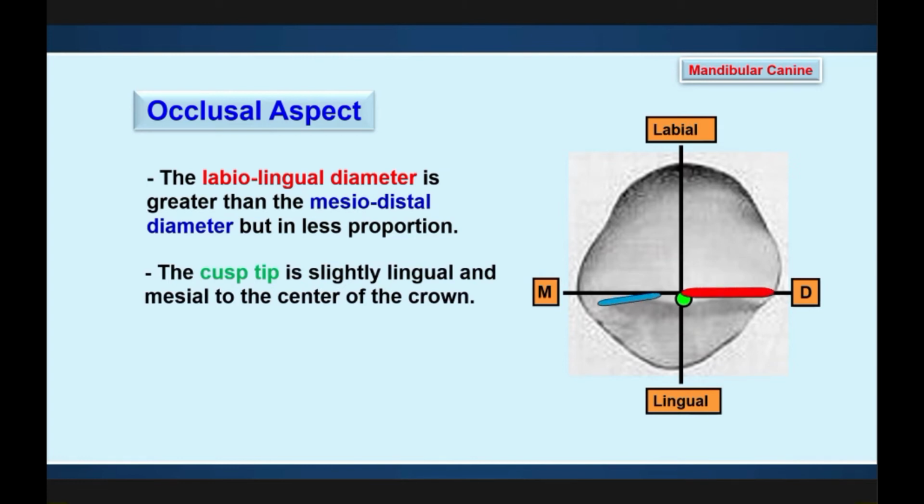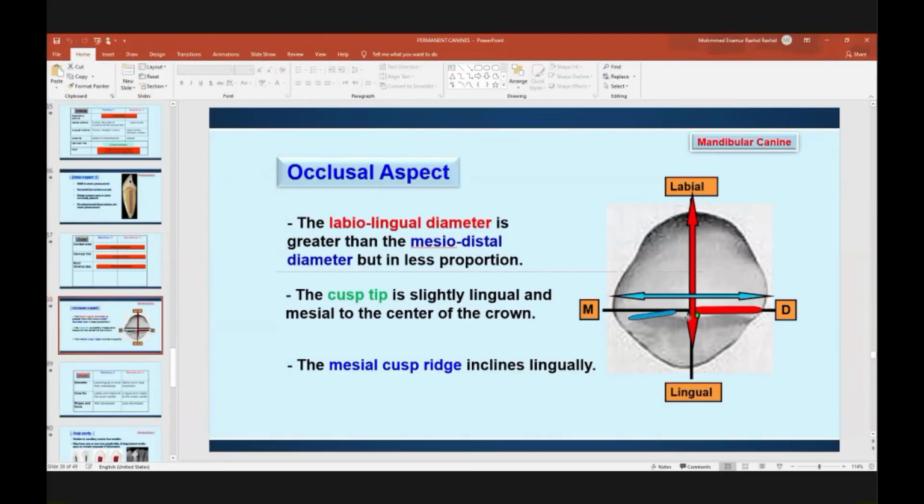The cusp tip is slightly lingual and mesial to the center of the crown. This is the cusp tip. Actually, it should be here. This is one dimension, and this cusp tip actually is a little bit mesial and lingual.